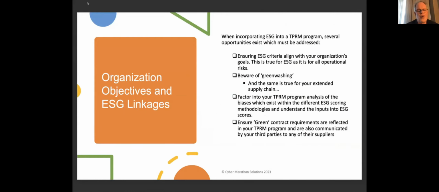Okay, it's important with ESG that you don't implement your ESG program in a vacuum. Depending on the industry vertical you have, there are certain additional considerations, and you have to make sure that your ESG program aligns with the objectives of your organization as it relates to the ESG topic. So when you're incorporating your ESG program, you need to make sure that it aligns with how your business actually views ESG.